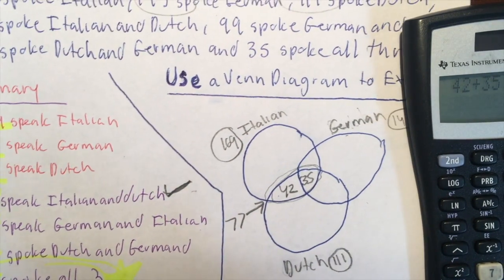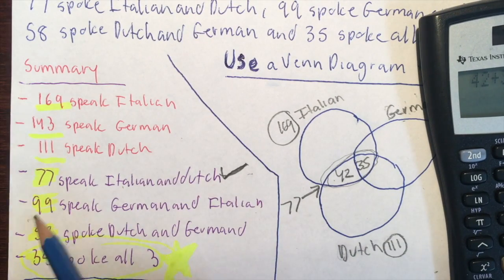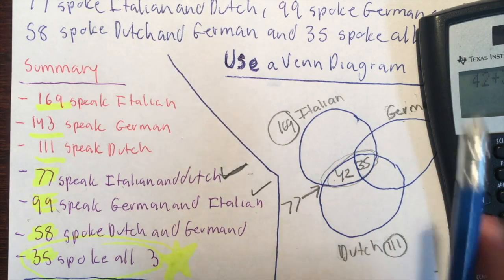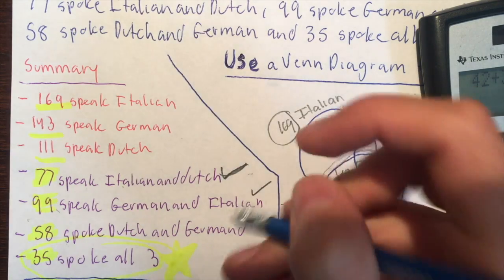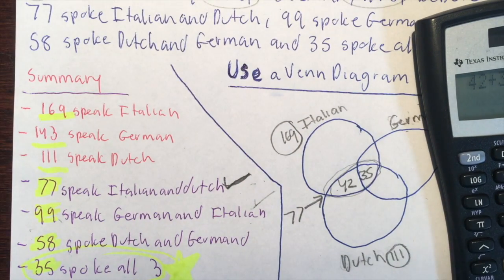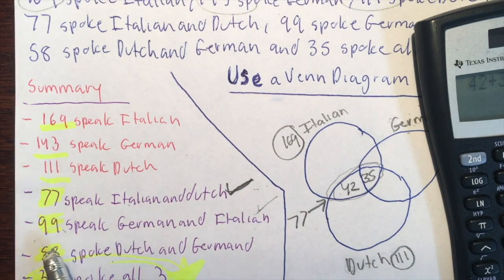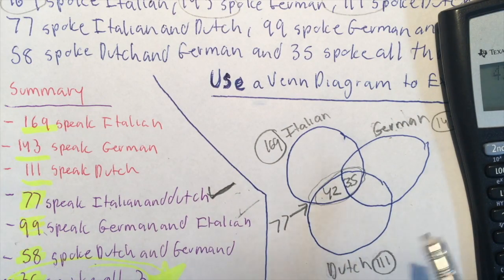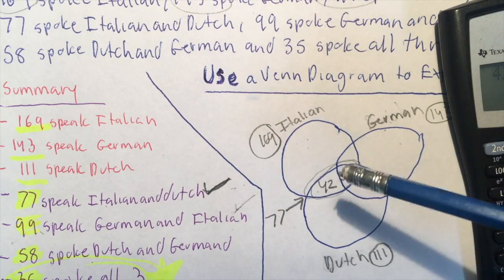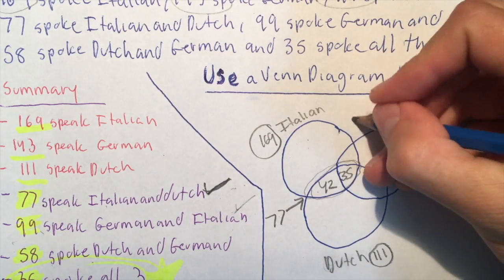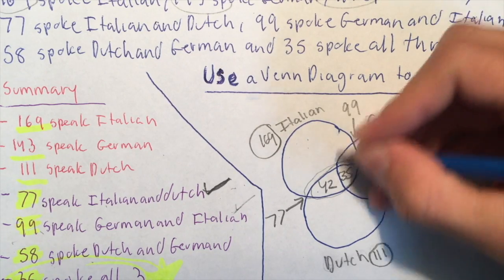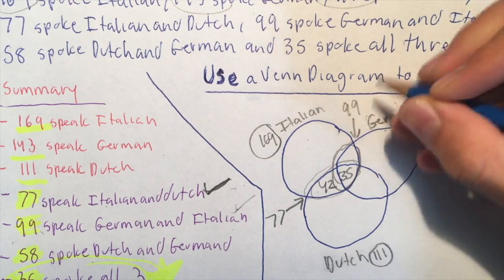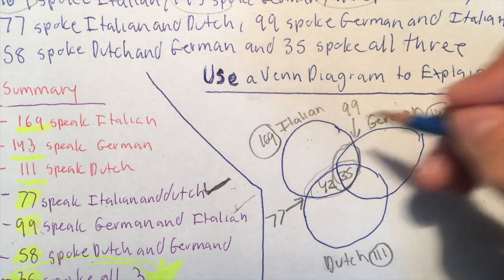All right, now let's do those who spoke German and Italian. Okay, so 99 speak German and Italian. Let's find the intersection of the two circles, German and Italian. We know that 99 speak German and Italian, so this part of the circle right here has to equal 99 because it's the intersection between Italian and German.